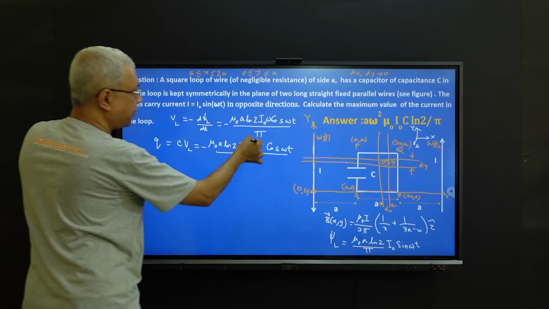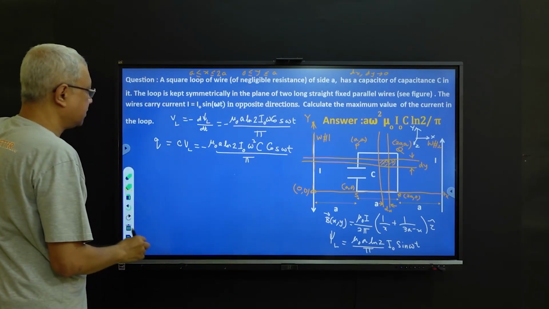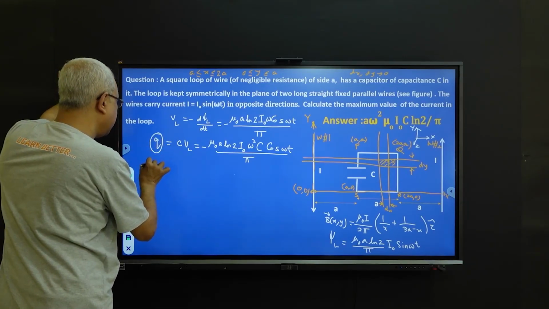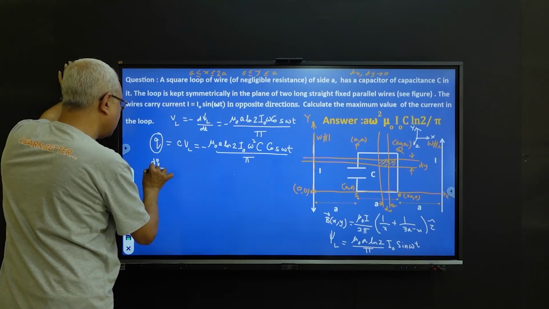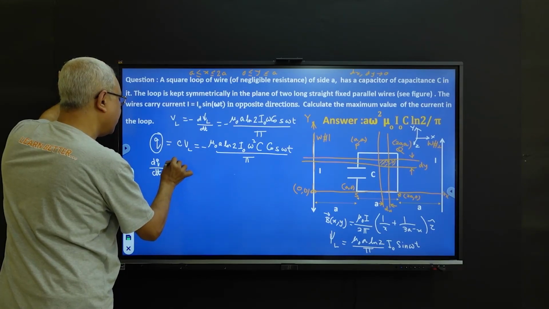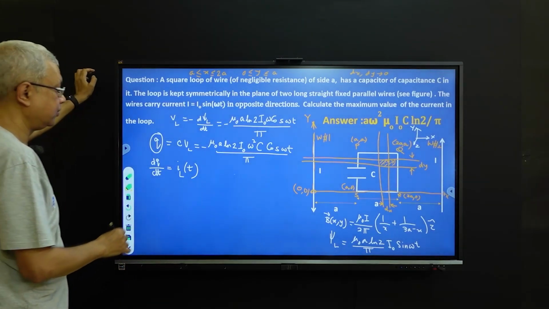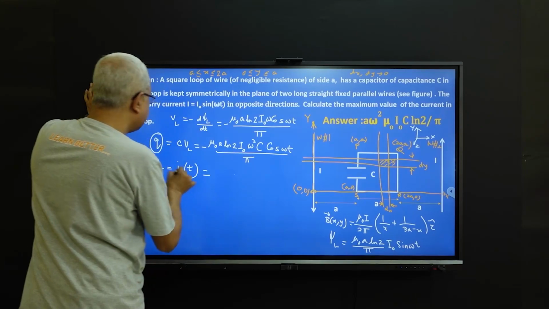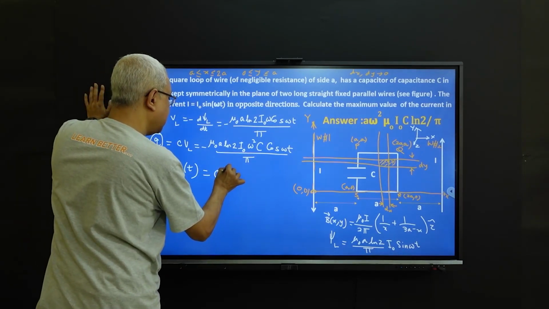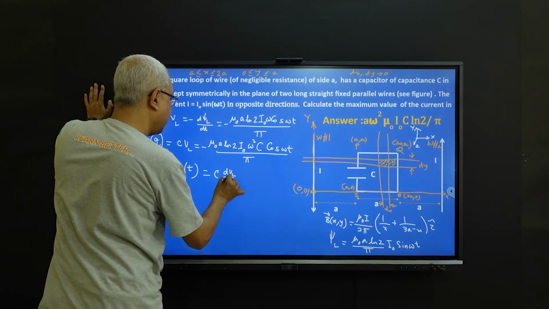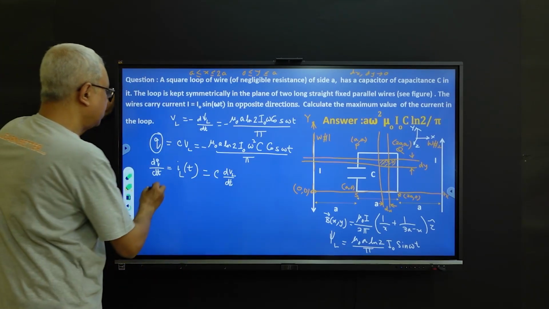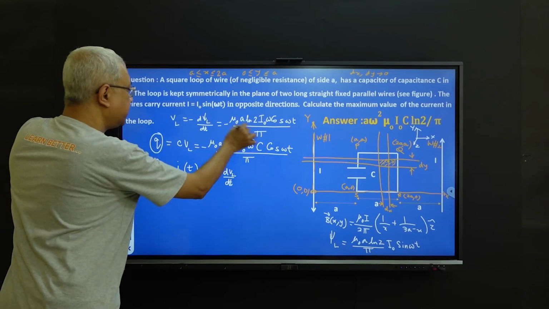See, this is the capacitance of the capacitor. So once we know Q, then dq dt gives you the current in the loop IL at any moment t, which is dq dt, actually C dVL dt. Okay, so Q's expression we have found.